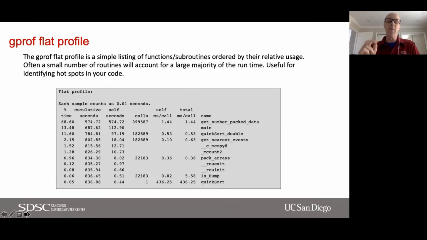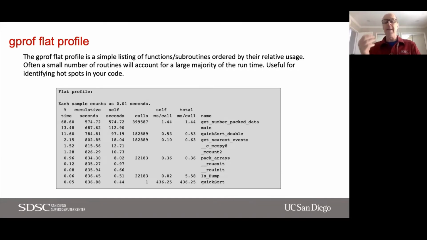So when I first ran gprof, I was able to get this flat profile, and you'll see right at top, get number packed data. What was the routine that accounted for the majority of the time? In this case, it was just over 68%. And that was followed by the routine main, which is about 13%, and then quicksort double, that was 11%.